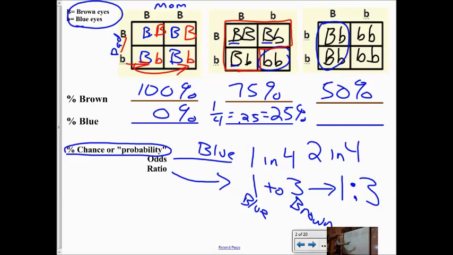It means the same thing. Okay? And what's the probability of having blue? 50%. Okay? So we would say for the ratio, if I said what's the ratio of brown to blue, you would say 2 to 2, right? For a total, or you could reduce that to 1 to 1. If you reduce it, though, it's no longer going to add up to 4. Just a little thing to remember.